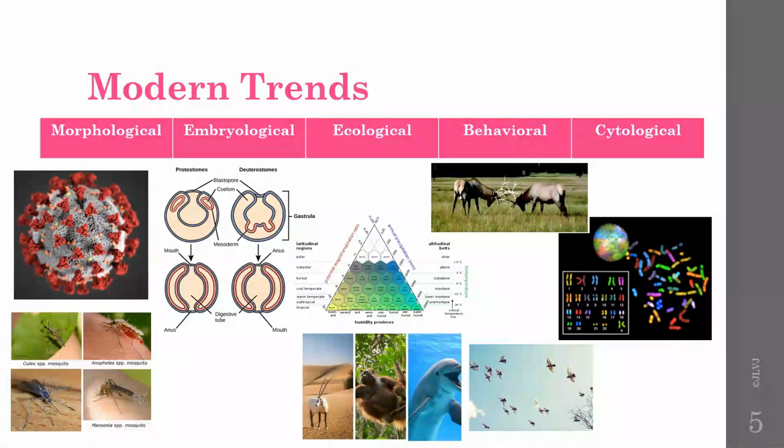Earlier, the trend was to classify directly based on visible characteristics, mainly through morphological approaches. The modern trend has taken advantage of the advancements of science, and even in the morphological approach we use scanning electron microscope images.